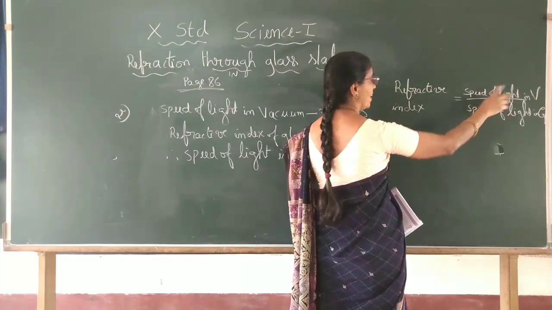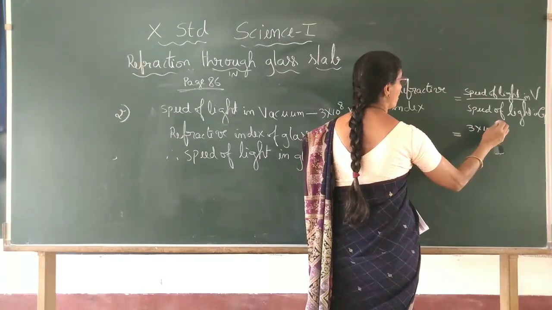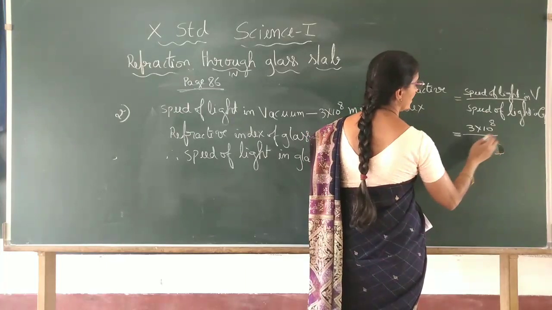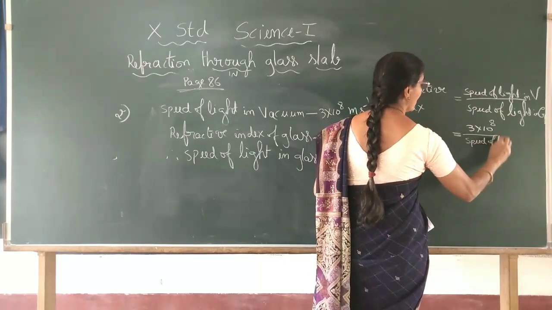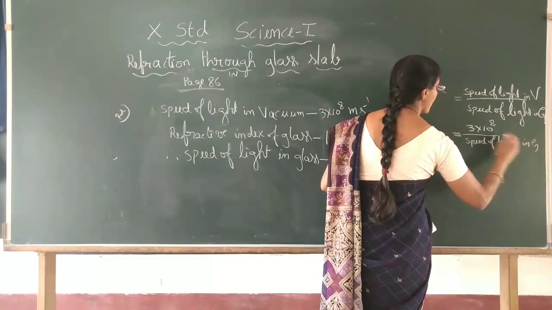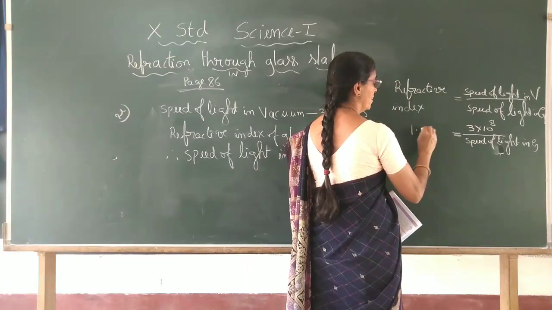So the speed of light in vacuum is given as 3 into 10 to the power of 8, divided by the speed of light in glass. The refractive index is given as 1.50.